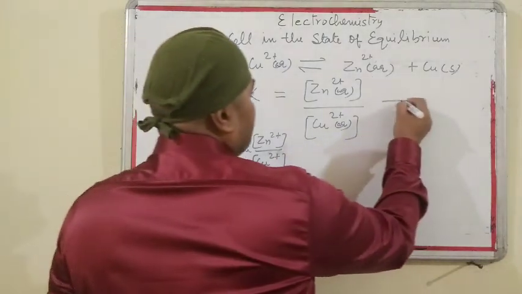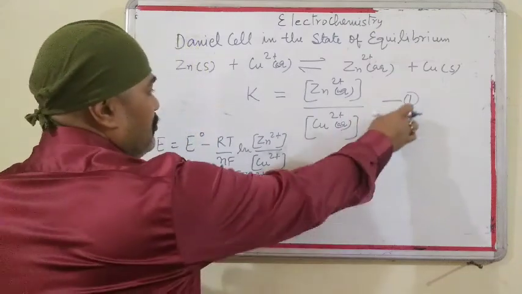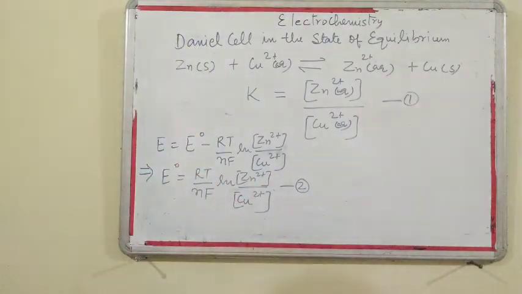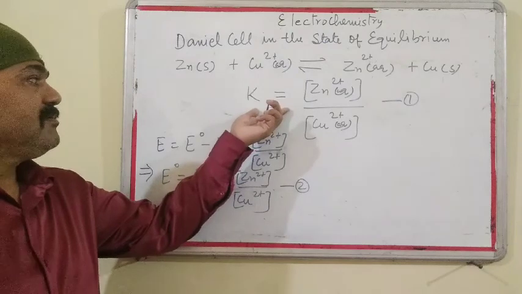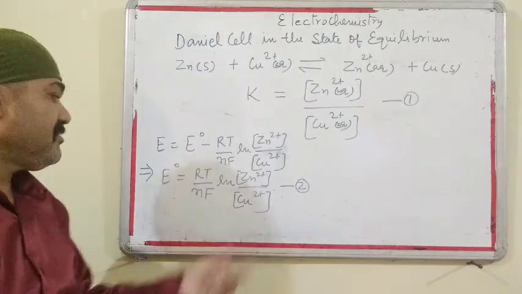Now let this one be equation number 2 and this one equation number 1. From this we can put the value of the equilibrium constant in this equation.